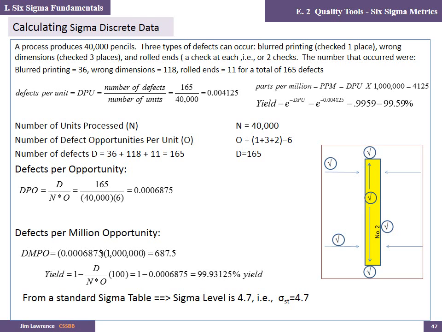So the yield is 1 minus the DPO times 100, which is 99.93125% yield, or good product. Now from a standard sigma table, this sigma level is 4.7, which can be considered what we call short-term sigma level.